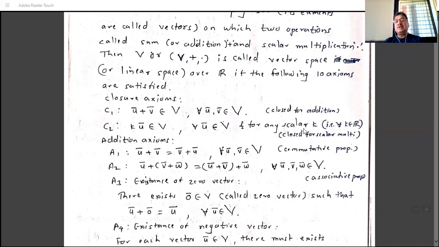For these two elements the property is satisfied. But we say the property is satisfied only if it is true for every element of the set V and for any scalar k. If we take the scalar 1/2 and the element 3, then 1/2 into 3 is 3/2, which does not belong to capital N. Therefore the set of natural numbers is again not a vector space.